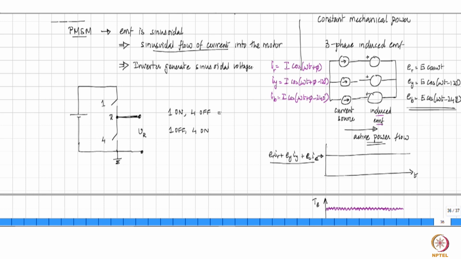So in this case, what is VR? Let's say this is equal to VDC. VR will be VDC. In this case, what is VR? 0. So VR will either be VDC or 0, that's all.